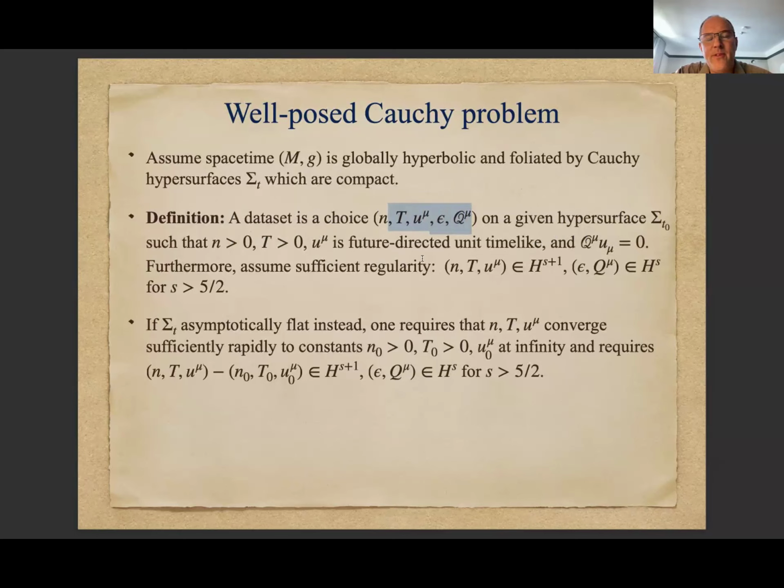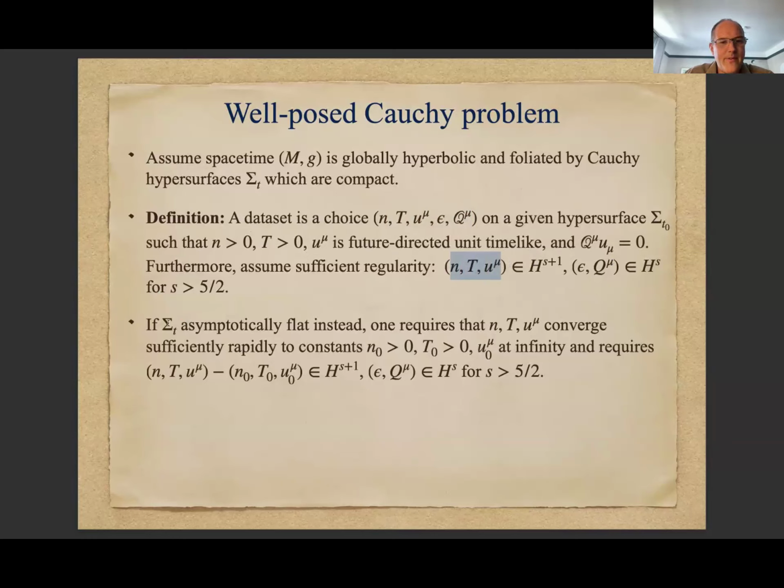And then we assume regularity conditions, where n, t, u should be in H^(s+1) and epsilon and q in H^s. The reason why there's this disparity between the regularities is that when we write down the first order systems, they also involve first derivatives of these quantities. So that's why this is assumed.